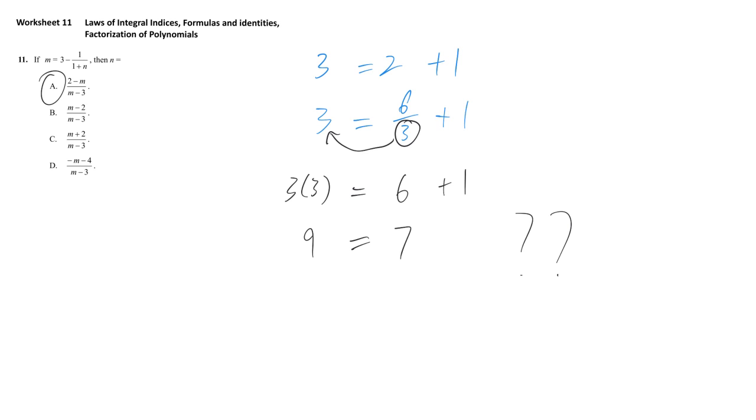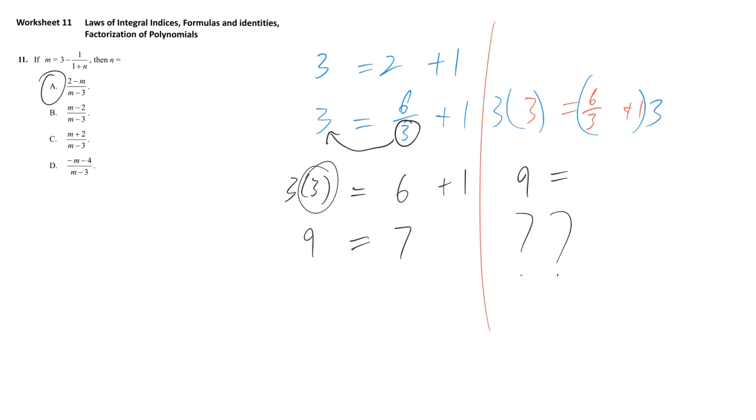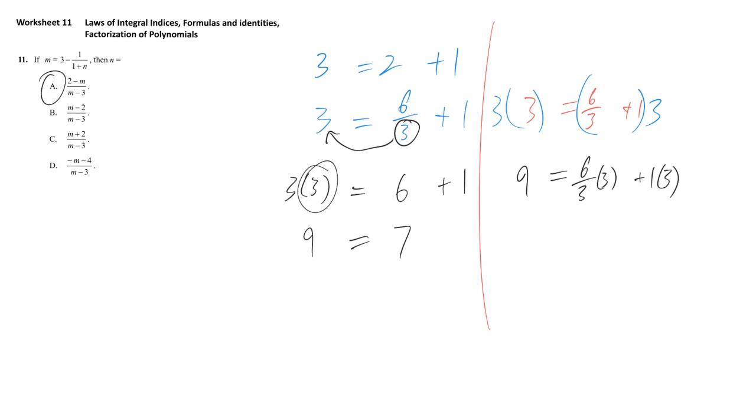The problem is here. If you move 3 here, basically you are doing both sides times 3. So the correct method is 3 is equal to 6 over 3 plus 1. You are going to do both sides times 3. If you do so, it will become 9 here, and then this is 6 over 3 times 3. And don't forget 1 we also need to times 3. So that's why 9 is equal to 3 divided by 3, 6 is left, and then plus 1 times 3, we get 3.